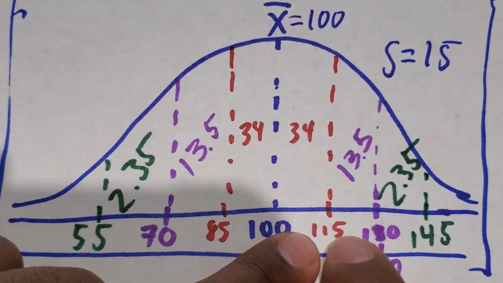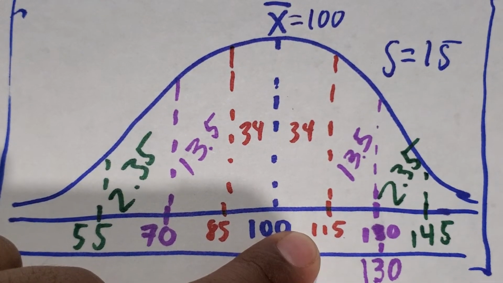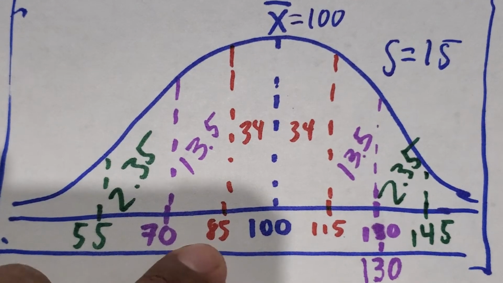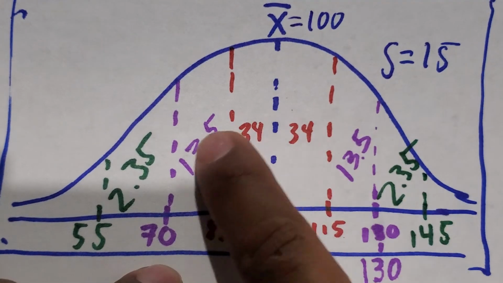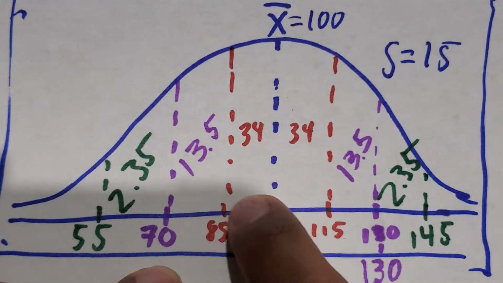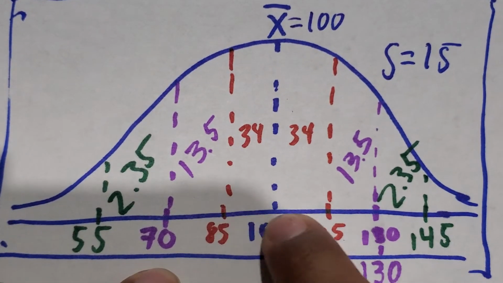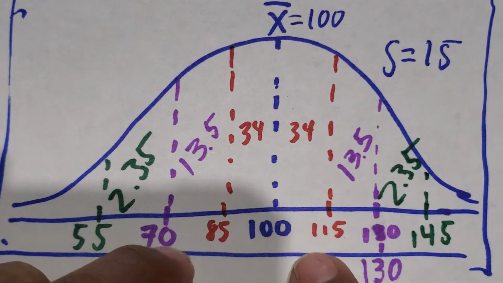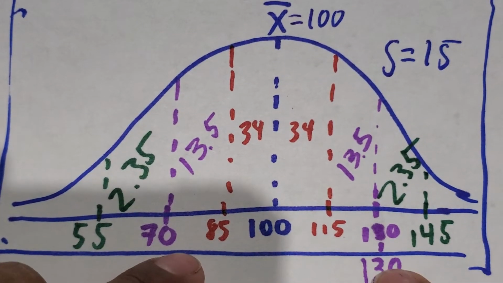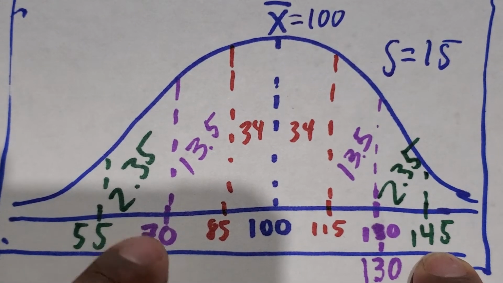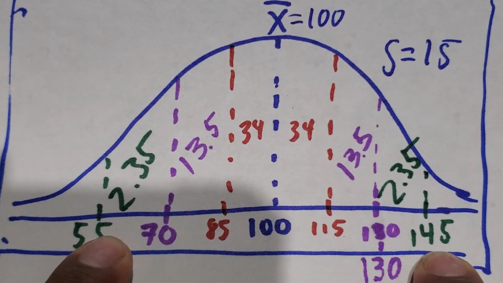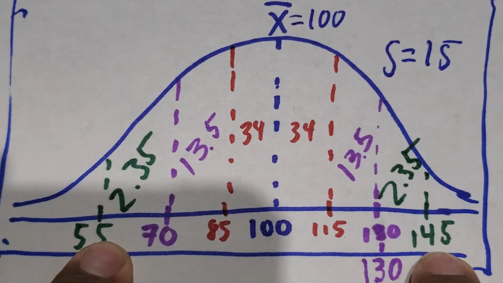And then I add another 15, that gives me 130. And then I subtract another 15, that gives me 70. Now within here, all of this represents 95% of my data values. Now if I add 15 one more time to that, I get 145 here, and I subtract 15 one more time. And that's 3 standard deviations.